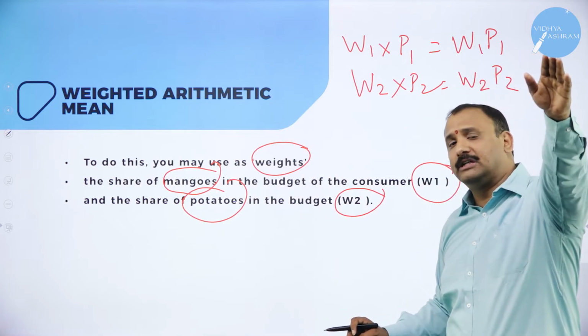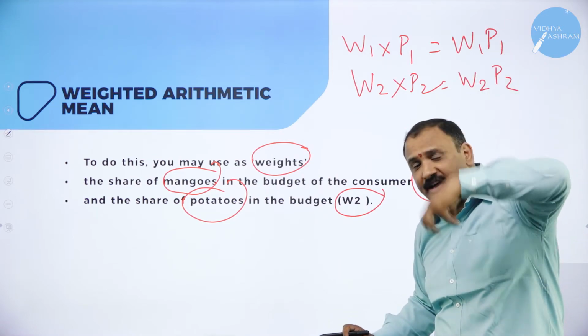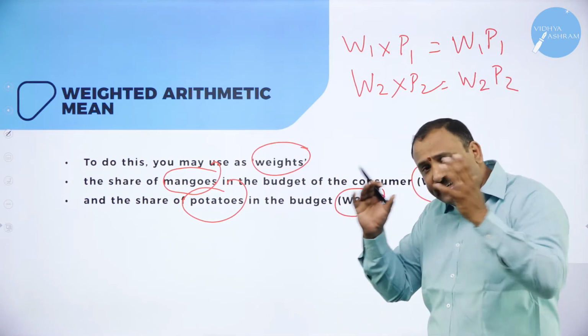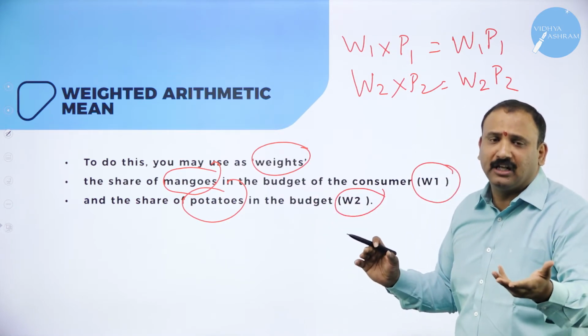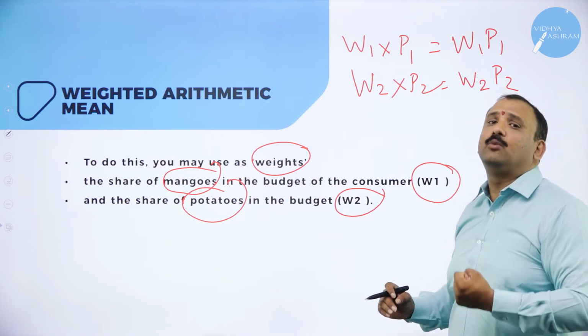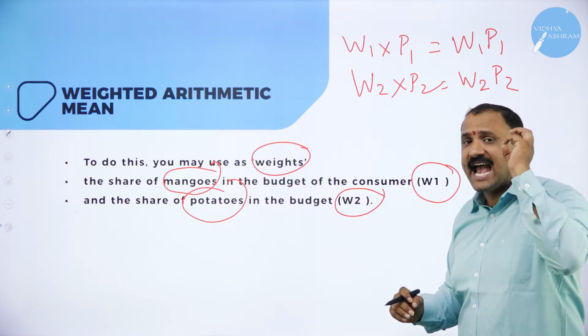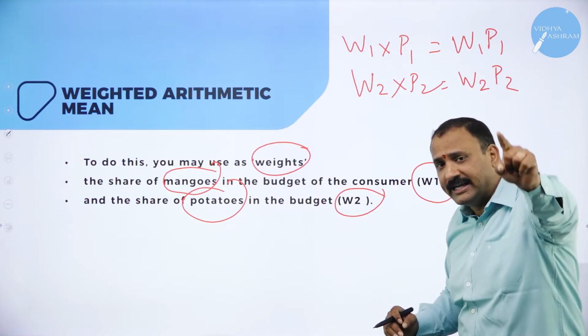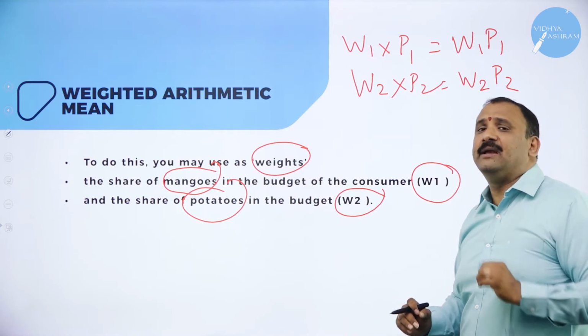Like this you can do it up to Wn Pn, and finally you can divide the entire sum by the total number of observations, and you can see the weightage that we are getting for each and every product that you buy in the market. This is very, very important. Why?